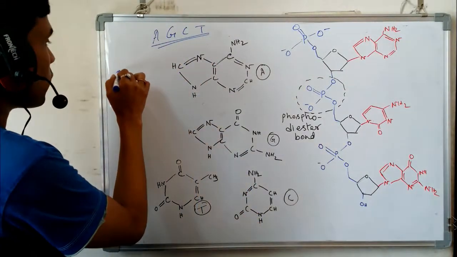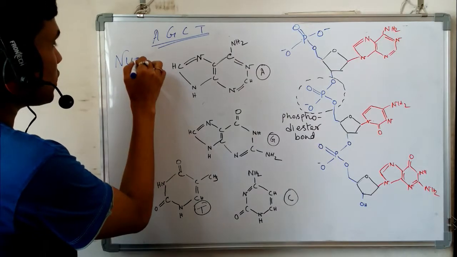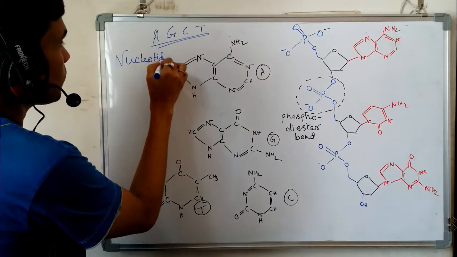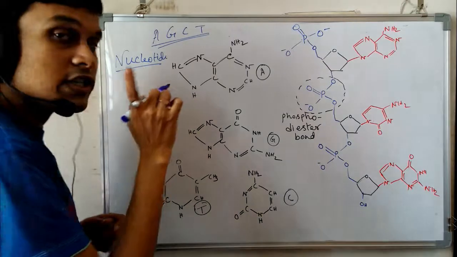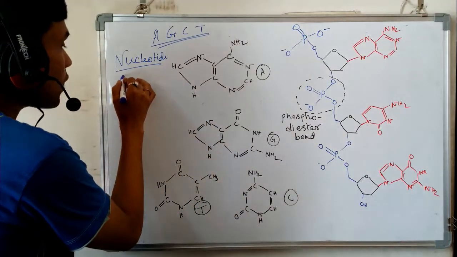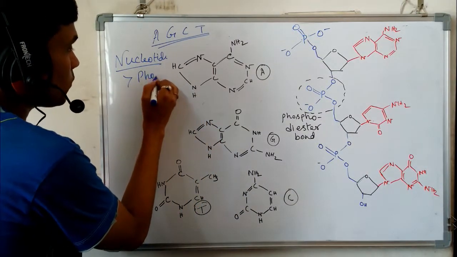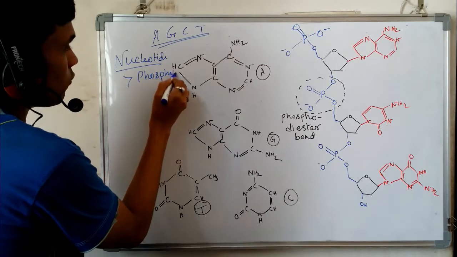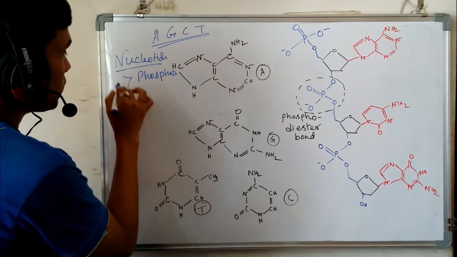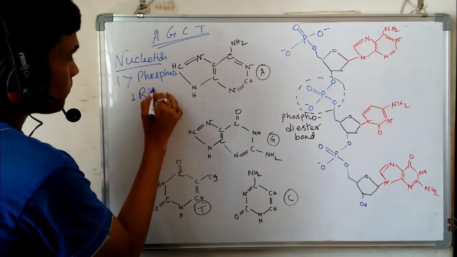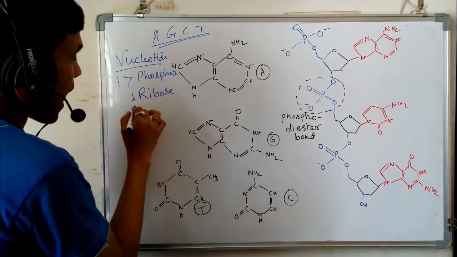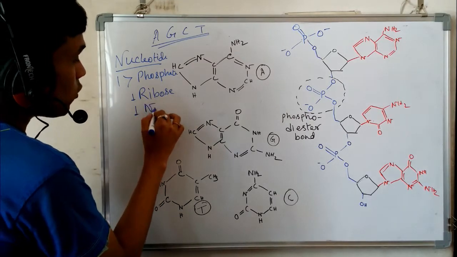If I consider the nucleotide, then a nucleotide is made up of one or more phosphate groups, then one ribose sugar, and then one nucleobase.